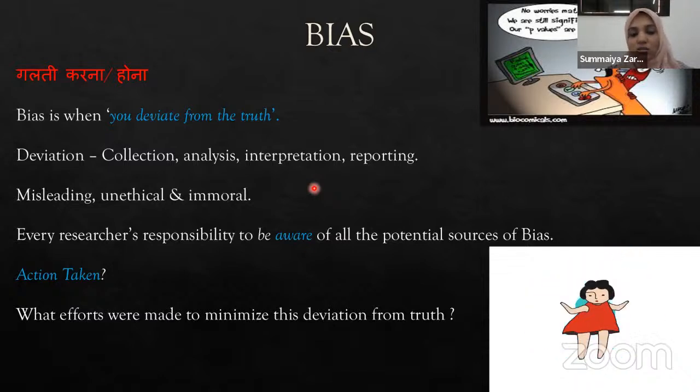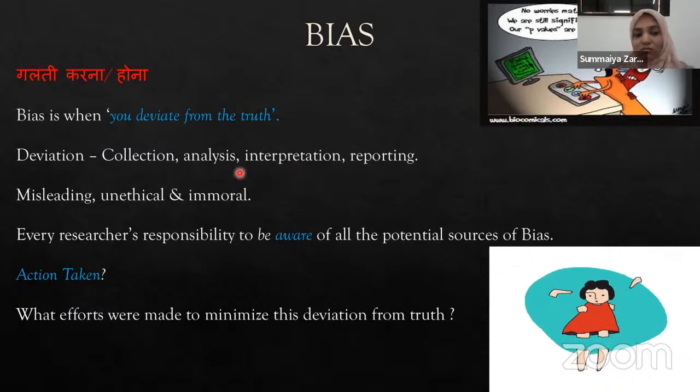Why? It is because we do not talk about bias and error. I'm going to show you examples of how extensively, how confidently and proudly they talk about errors and biases, and that is what makes them different from us. Bias is when you deviate from truth.